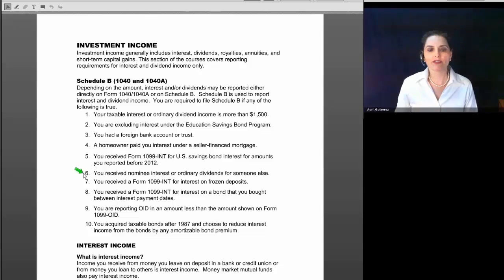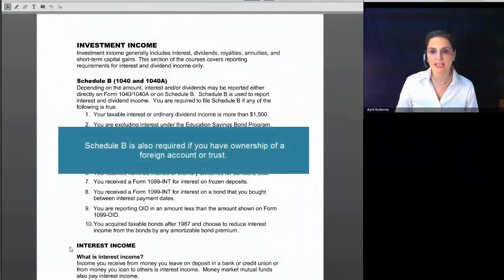You received nominee interest or ordinary dividends for someone else. You received a Form 1099-INT for interest on frozen deposits. You received a Form 1099-INT for interest on a bond that you bought between interest payment dates. You were reporting original issue discount, or OID, in an amount that is less than the amount shown on the 1099-OID. And finally, you acquired taxable bonds after 1987 and you chose to reduce interest income from the bonds by an amortizable bond premium. Now, one of the reasons why the form is required is that you have a foreign bank account, and we'll get into that in a couple of minutes.